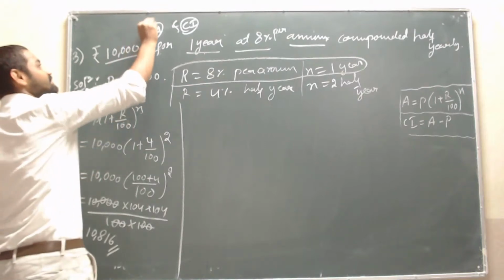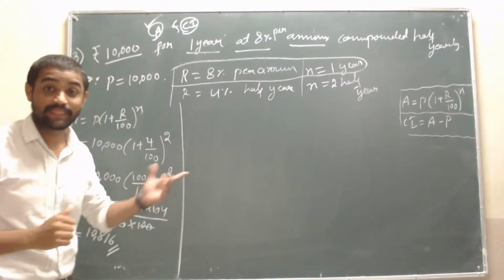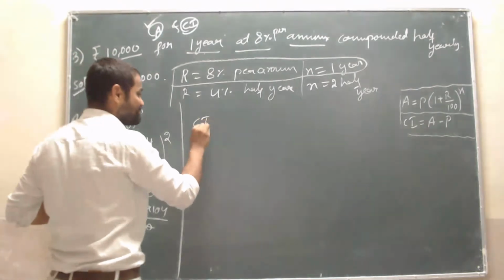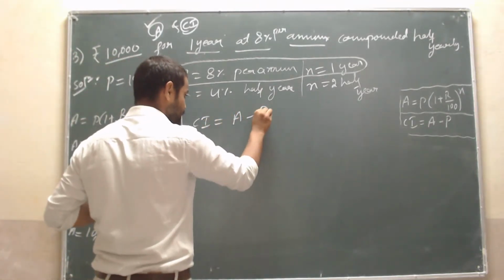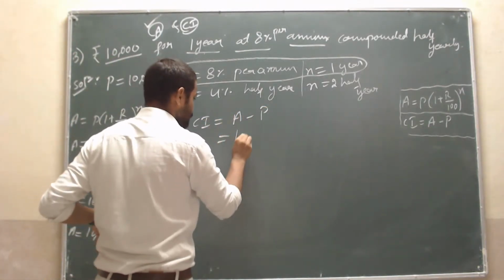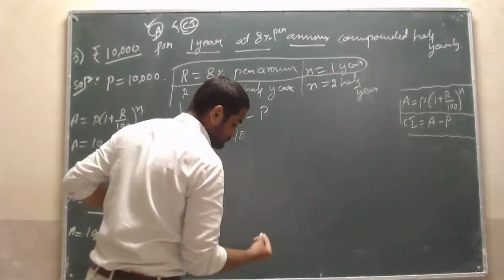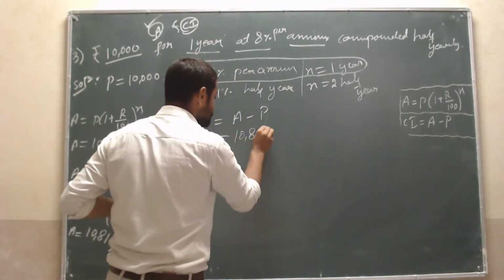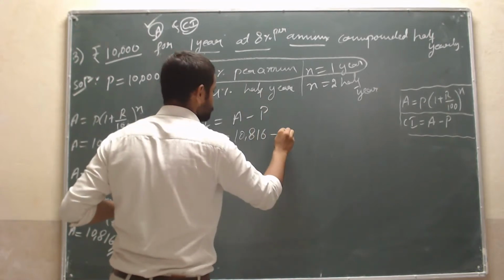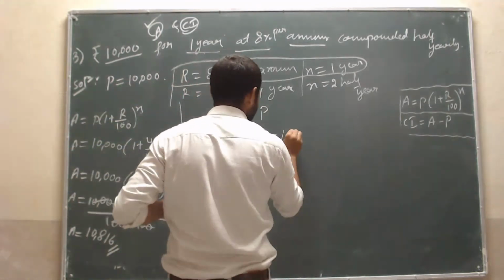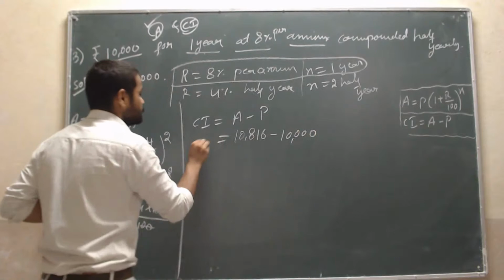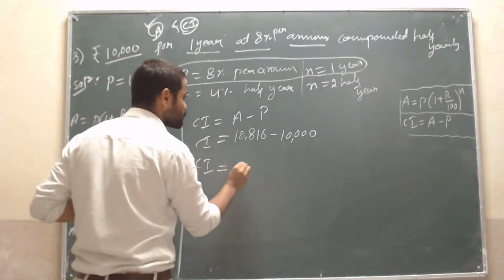Sir, amount. Then CI. Sir, simple. CI is equal to A minus P. A is 10,816 minus P is what? 10,000. And the compound interest is equal to, students?